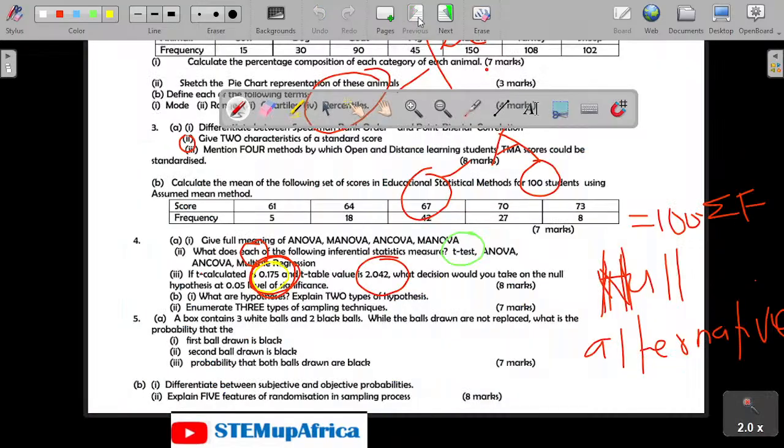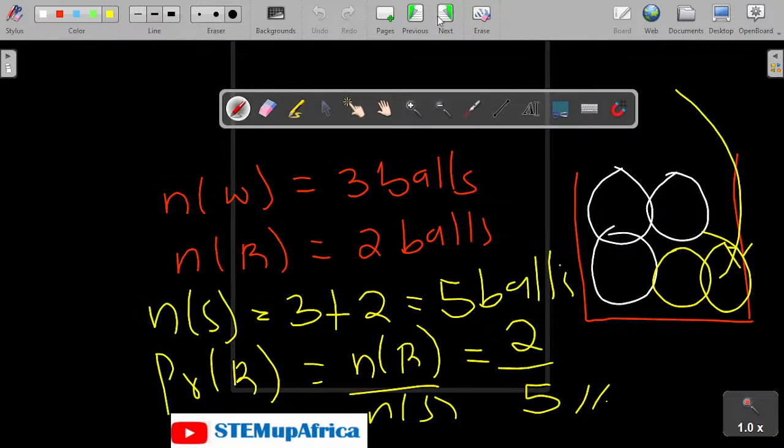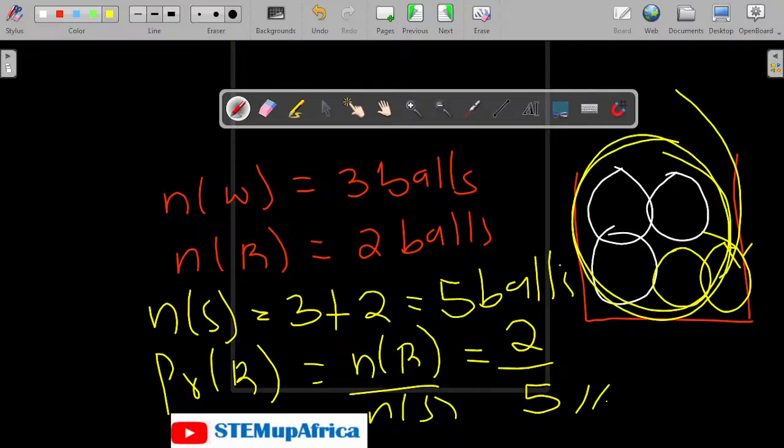Then number 2: the second ball drawn is also black. We took the first ball, which is a black ball. We didn't take it back. So if I take that ball and don't put it back, that means I have 4 balls left.